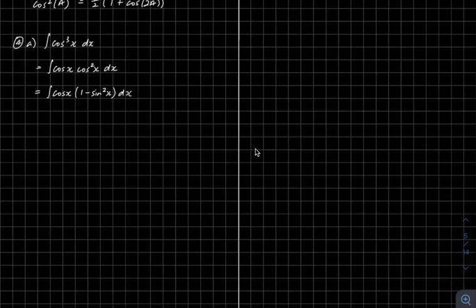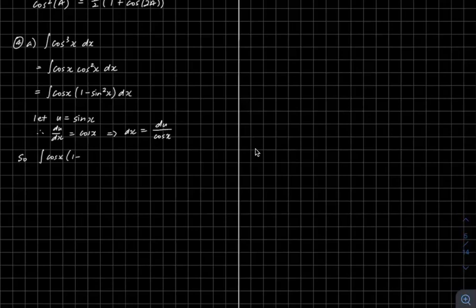So now we could use our change of variable by letting u be equal to sine x, and therefore du dx is cos x, and so it follows that dx we could express as du over cos x. So what's our integral?